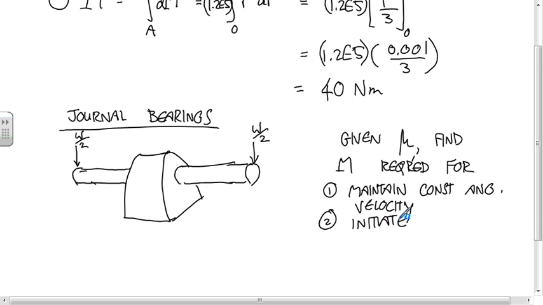And the only difference between how you treat them is which coefficient of friction you use.